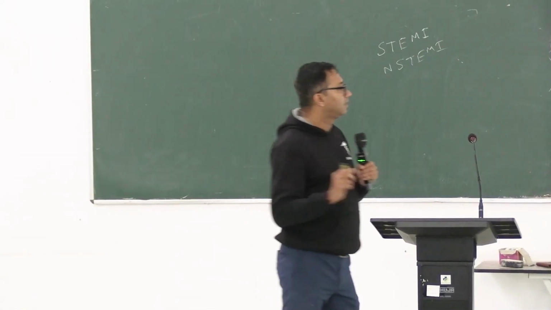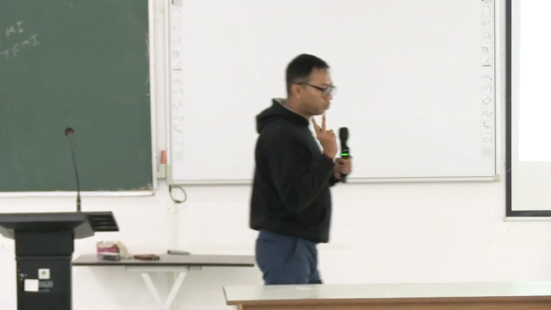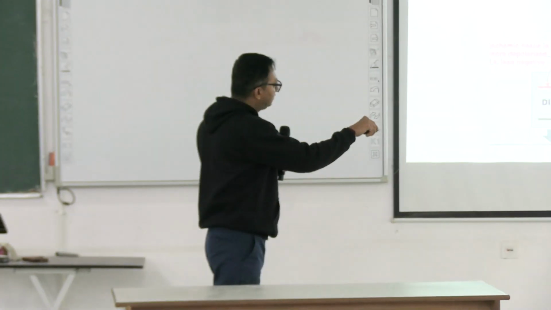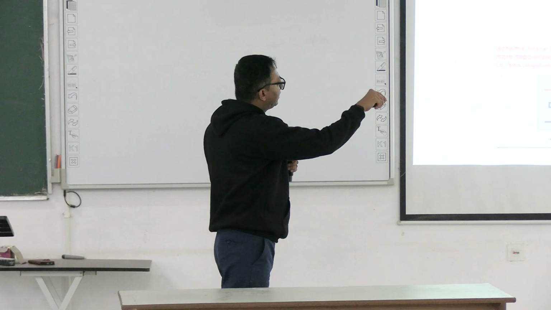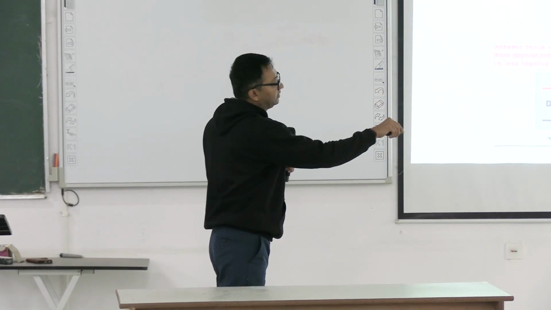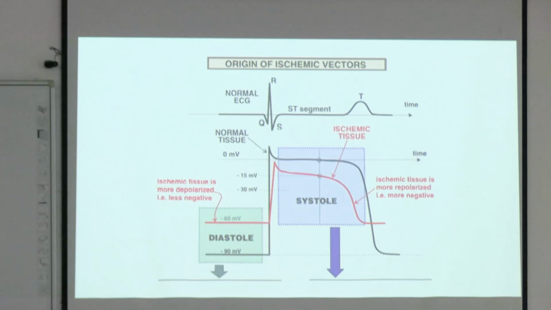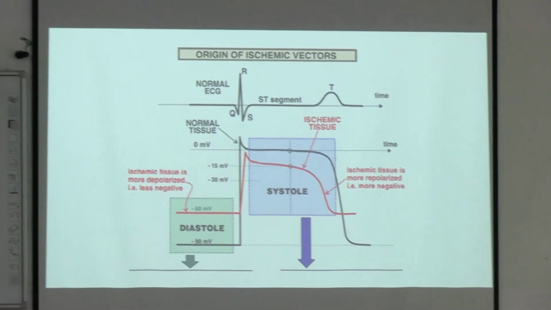Clear? Okay. Now the two basic problems with the ischemic tissue. The first is that it cannot come back to the resting membrane potential. Once it has fired, it is not coming back to minus 90. What is its deviation from normal tissue?